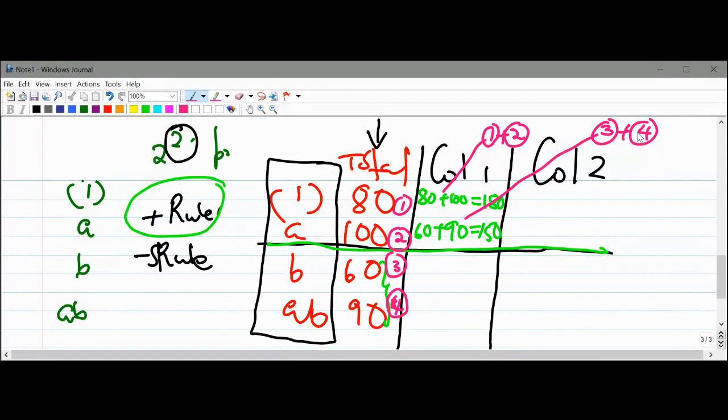Now, because we are done with the addition of the pairs, you subtract the pairs. When you subtract, you start with the second value minus the first value, then the fourth value minus the third value.